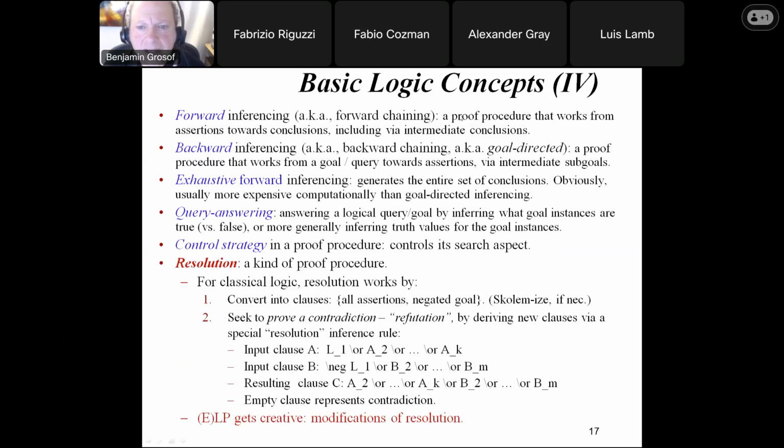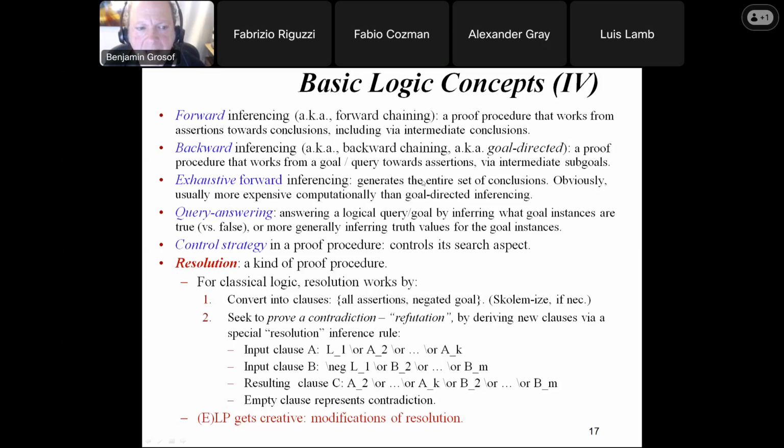Forward inferencing means a proof procedure that works from assertions toward conclusions, including via intermediate conclusions, also often known as forward chaining. Backward inferencing or backward chaining, also known as goal-directed, is a proof procedure that works from a goal, for example, an original query, towards assertions via intermediate subgoals. Exhaustive forward inferencing, you're generating the entire set of conclusions. Obviously, that's usually more expensive computationally than goal-directed inferencing.